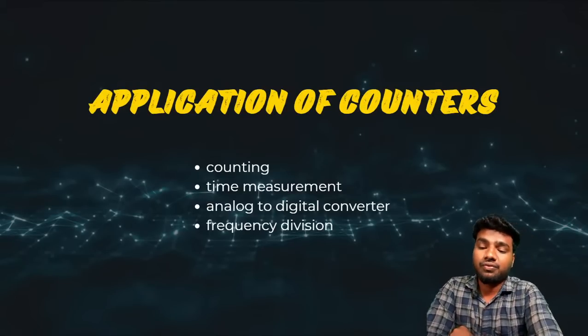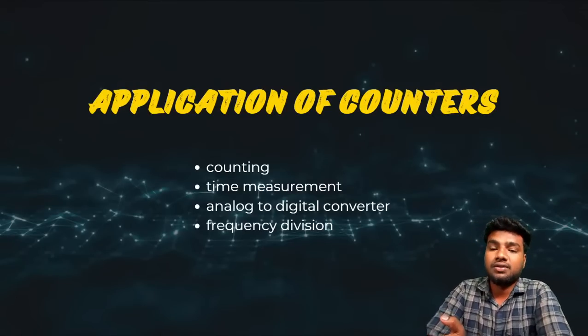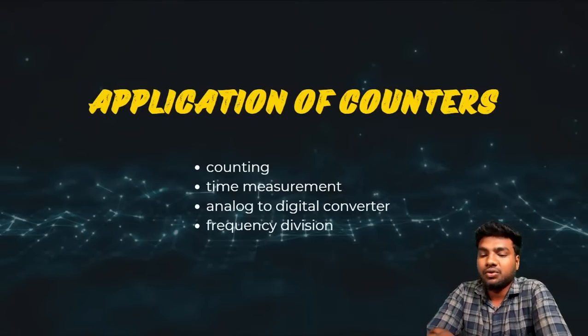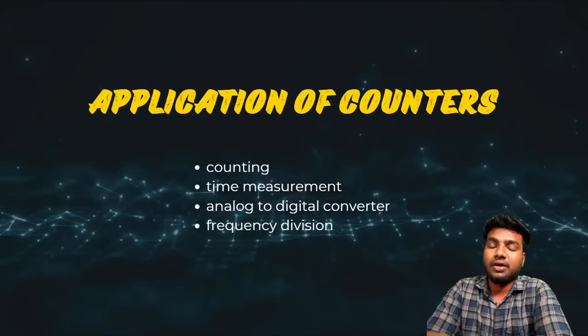I already said that if you want to change the frequency, for example if you have a 50 megahertz clock input, you can use a counter for that. It will do counting based on our required frequency.